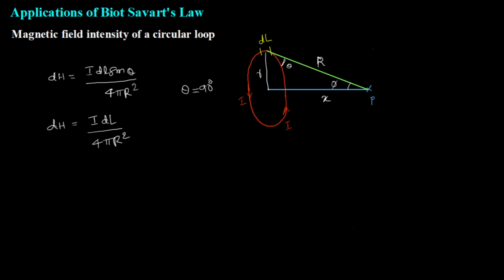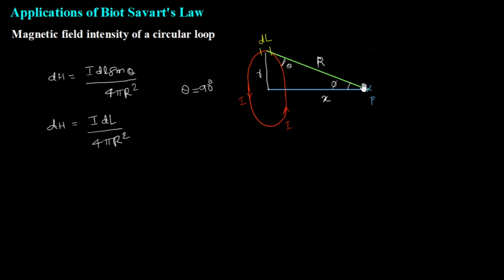Now there is something interesting here. This dH, I dl by 4 pi r square, is in some direction, because I am considering only the magnitude. So what will be the direction? Usually when we are struggling with the direction of magnetic field intensity, we consider the direction to be normal.